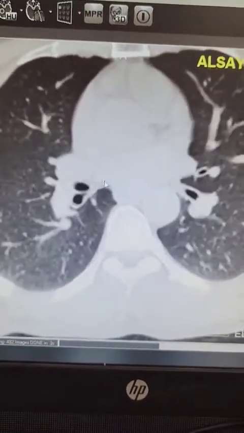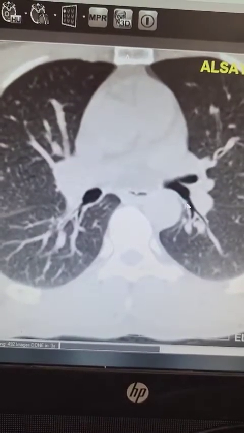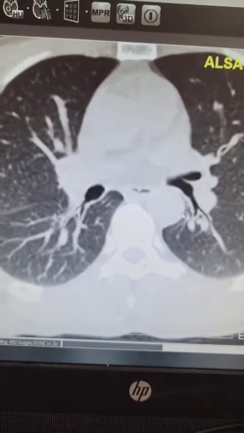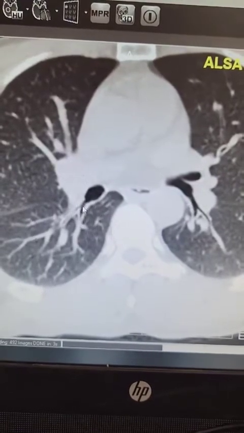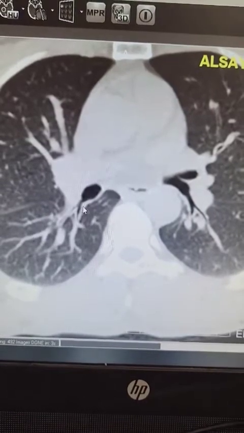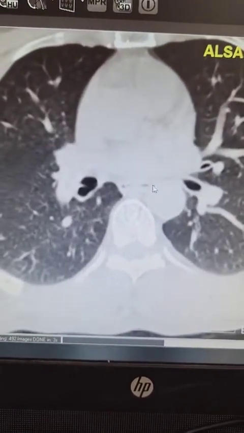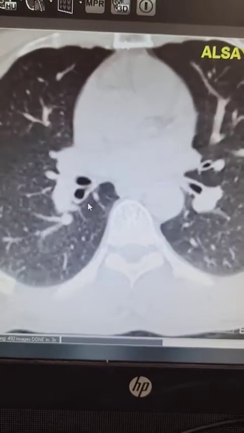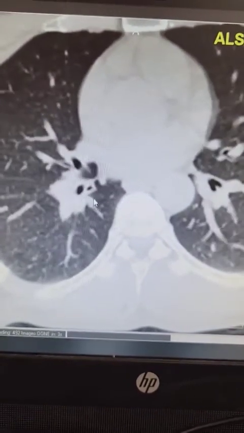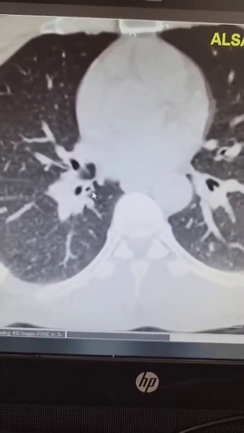The first branch of the lower lobar bronchial tree is the apical segment. This is the apical segment on both sides: the apical segment of the left lower lobe and the apical segment of the right lower lobe. Then we'll go down. This is the lower lobar bronchus here, and it will give a small branch, which is the medial cardiac segment.